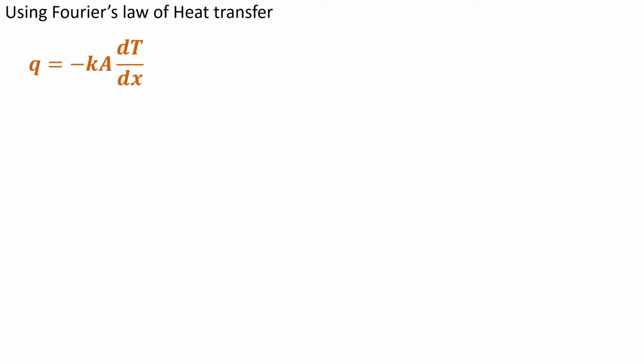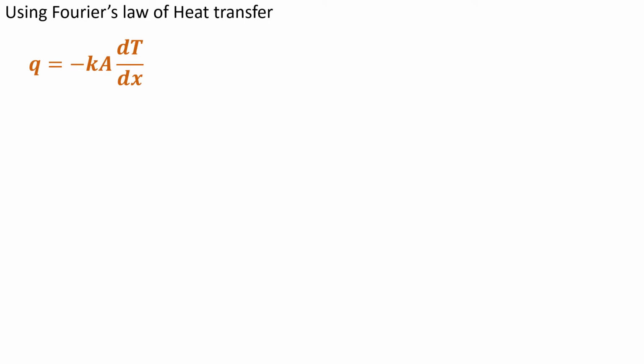The negative sign in the formula shows that heat is transferring in the negative gradient direction, or simply heat is transferring from higher temperature to the lower temperature. I repeat, the negative sign shows that heat transfer occurs from higher temperature to the lower temperature.